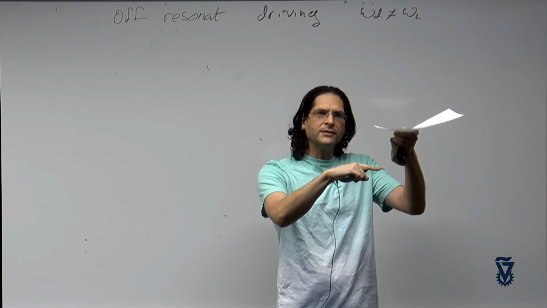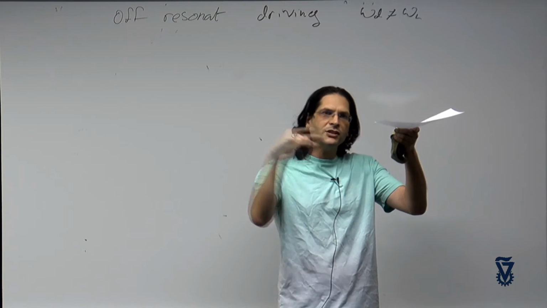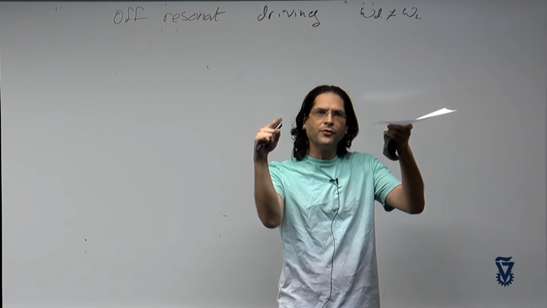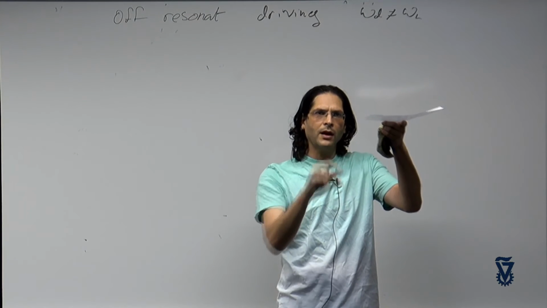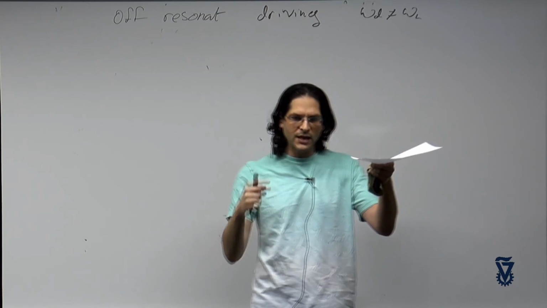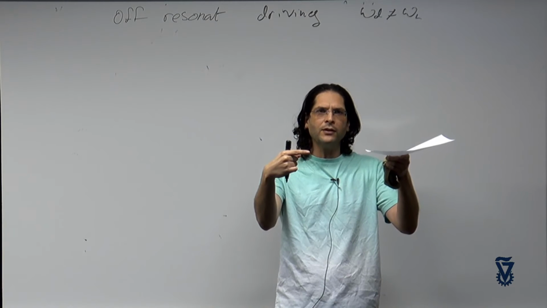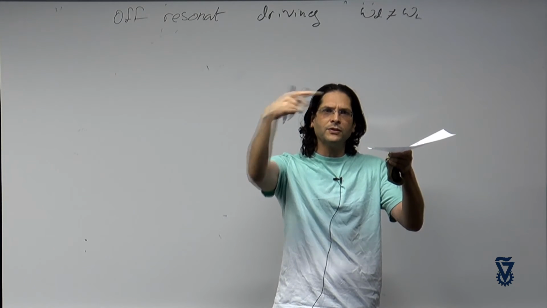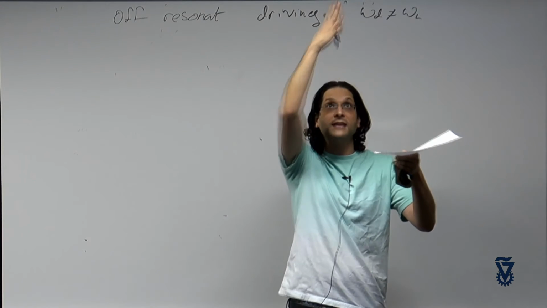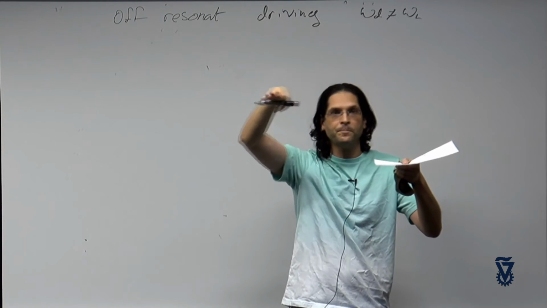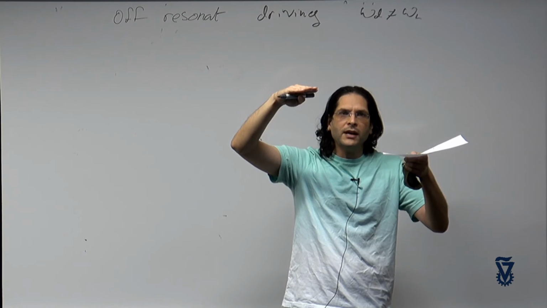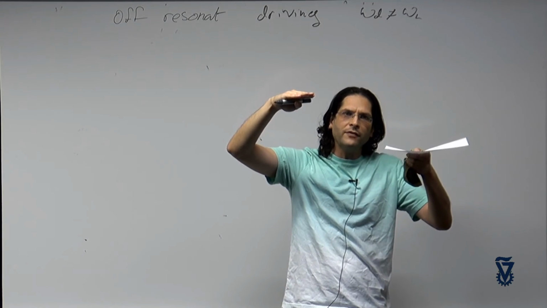I can drive off resonant, but it just means that I'm driving at a frequency that does not correspond to the Larmor frequency of the B field. So I could be driving at this frequency thinking that this is the magnetic field, but actually someone tricked me and this is the magnetic field. So this is the real Larmor frequency. The y-axis here is frequency. So adding an extra B field is equivalent to driving off resonance.